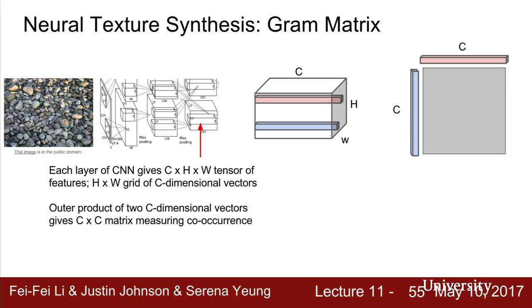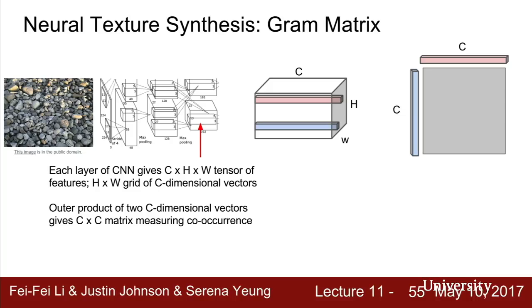And now we're going to use this activation map to compute a descriptor of the texture of this input image. So what we're going to do is pick out 2 of these different feature columns in the input volume. Each of these feature columns will be a C-dimensional vector, and now take the outer product between those 2 vectors to give us a C by C matrix. This C by C matrix now tells us something about the co-occurrence of the different features at those 2 points in the image.